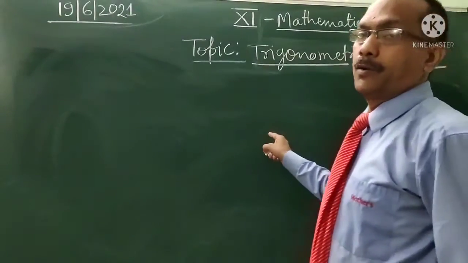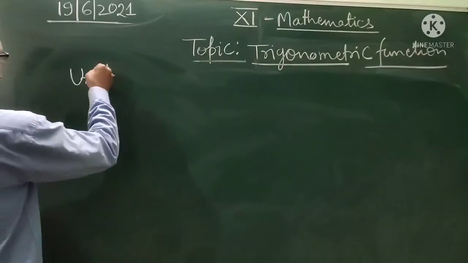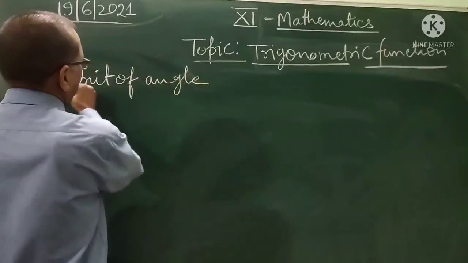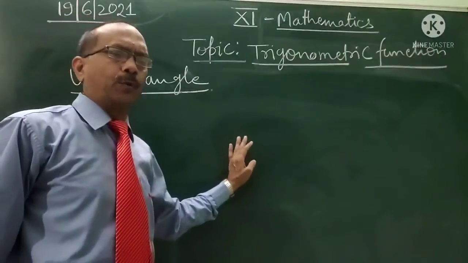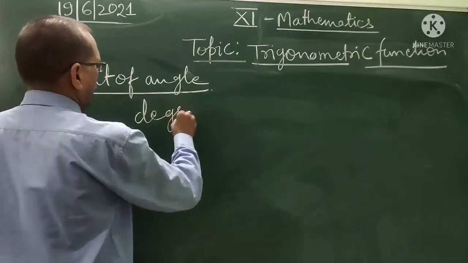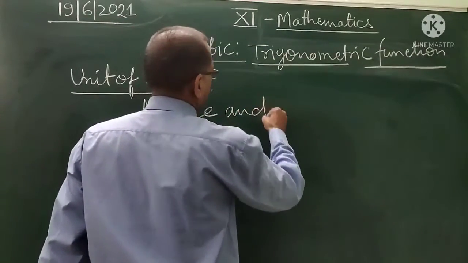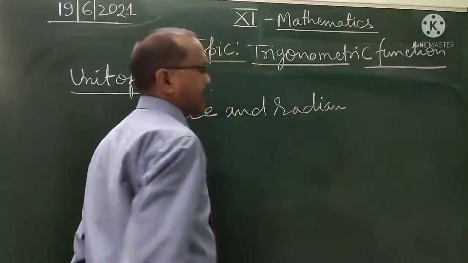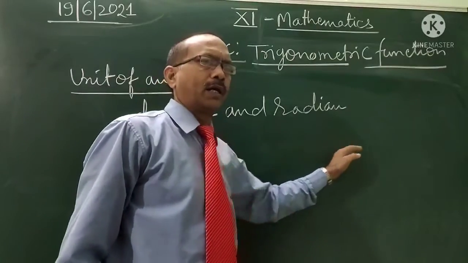Dear student, now the unit of angle. Angles are measured in two ways, degree and radian. One more measurement is called gradient, but that is not required here.